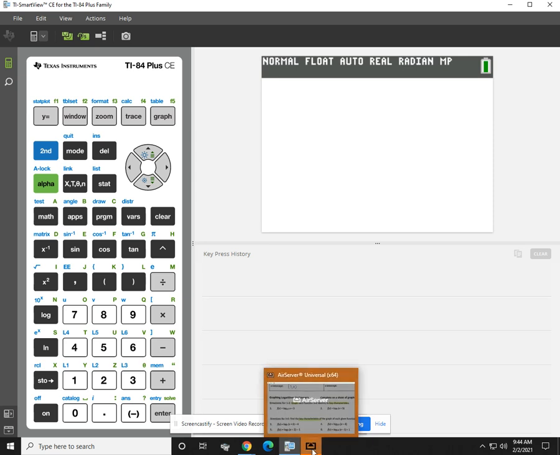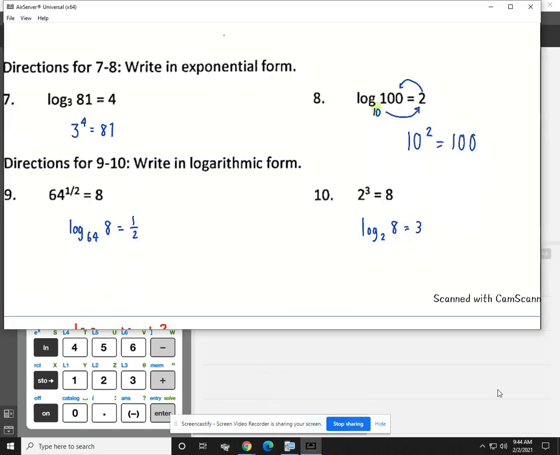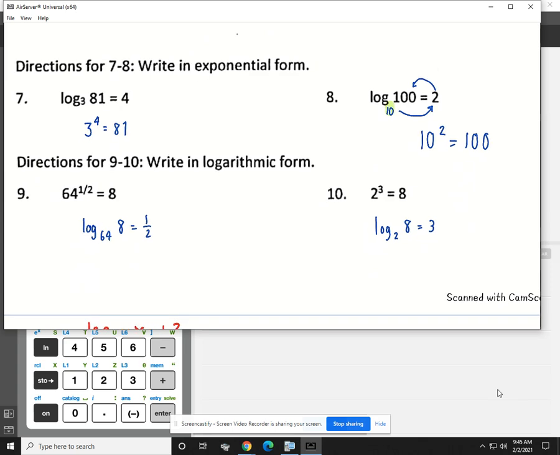So if you look at number 8, it should have been 10 squared equals 100, okay? And most everybody I saw, y'all did 7, 9, and 10 correctly, but number 8 was the only one I saw people missing. All right? So that's the last 4. That was a review from the night before, from Wednesday night.